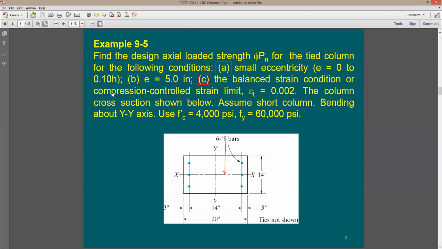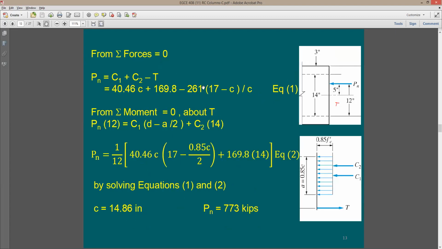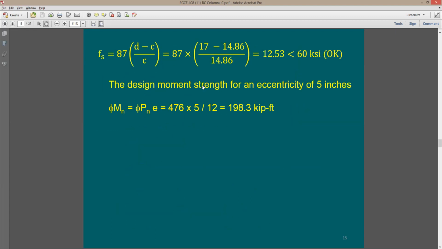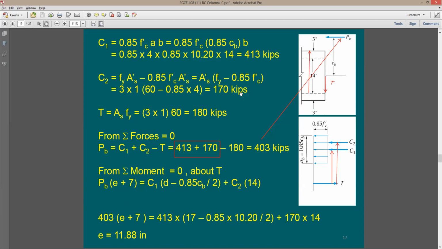We have the analysis for it in section C. So if you didn't do it before, now is the time, because you're going to see it in the exam. Here's the balanced condition by definition and all the analysis needed to solve the problem for the balanced condition.